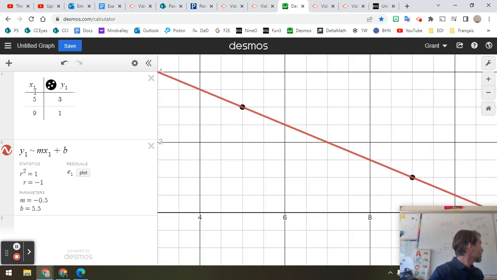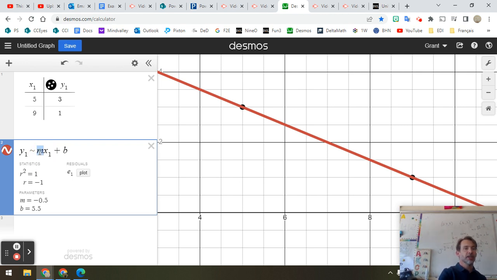And the x1 is that data set over there. So y1 is approximately equal to, Desmos, that's what that tilde means, some value m that I want you to find for me, Desmos, plus some value b. And then it tells me m is negative 1/2 and b is 5.5, which are the same values that I showed you before algebraically, but that's how Desmos would do it for you.